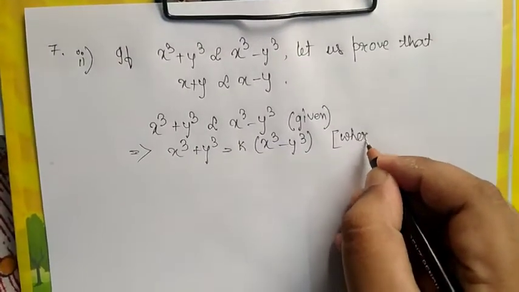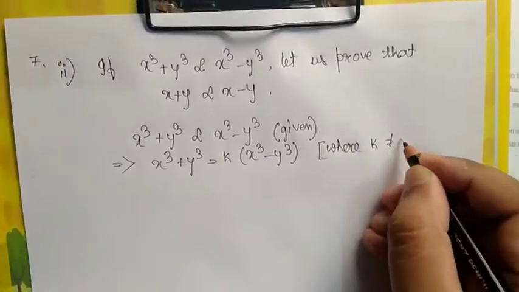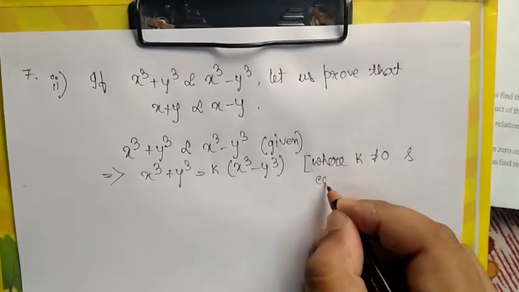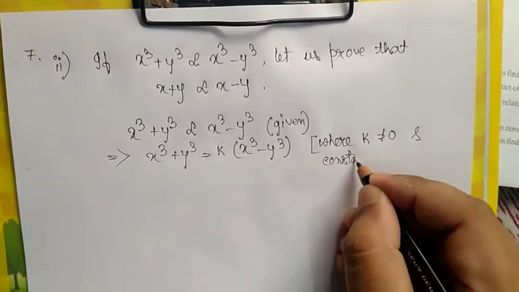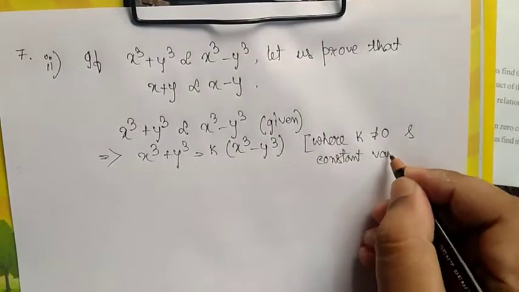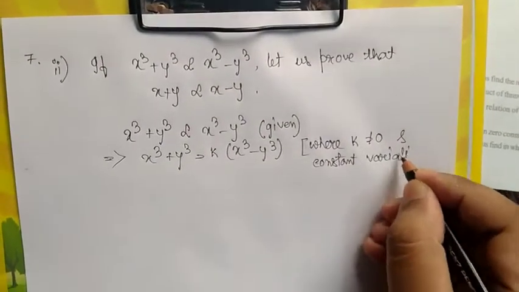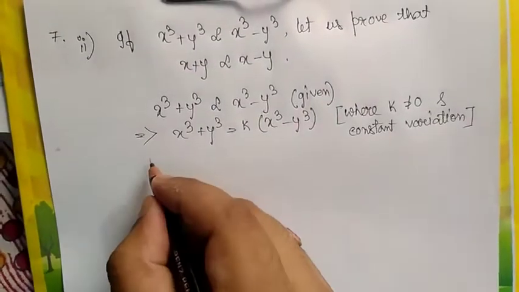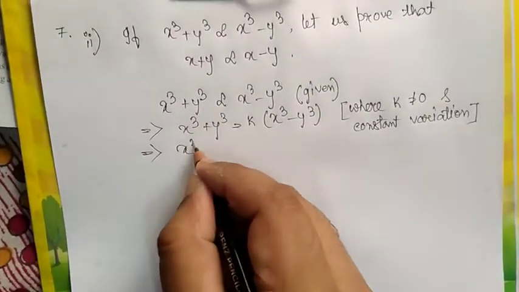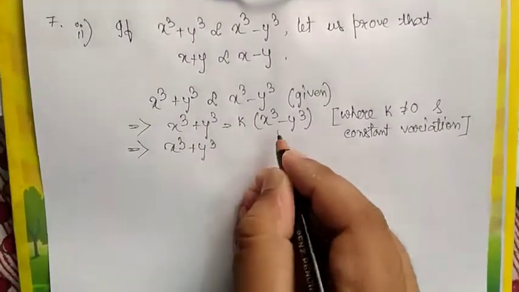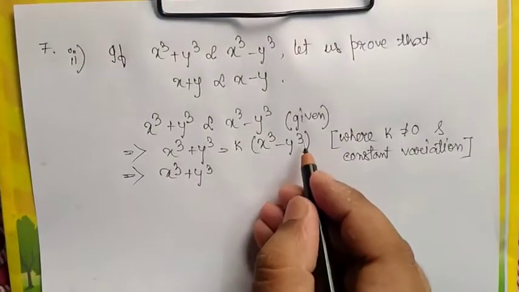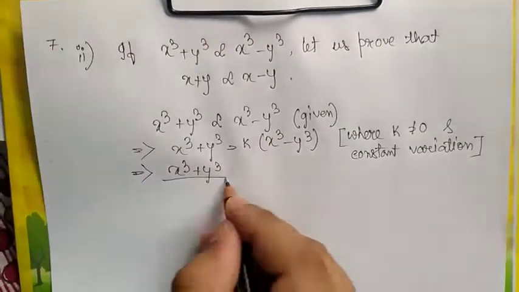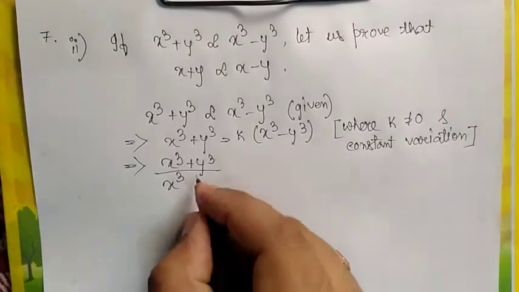where k is not equal to 0 and is a constant of variation. So after that, from the right hand side, if x cube minus y cube is put on the left hand side, this should be in the denominator.